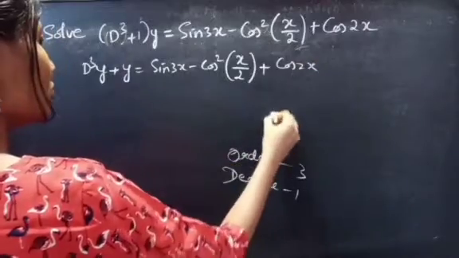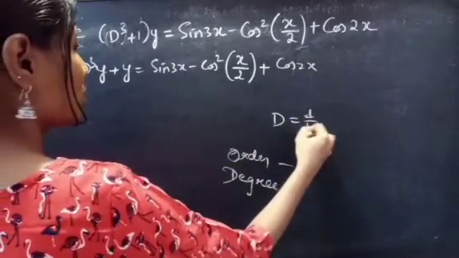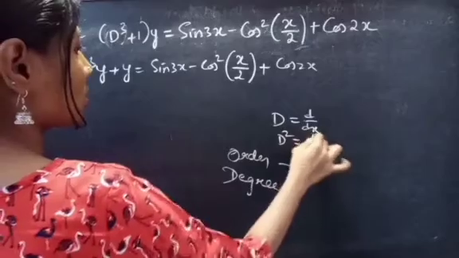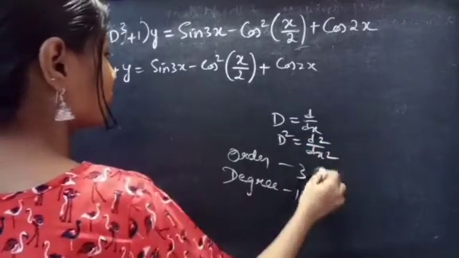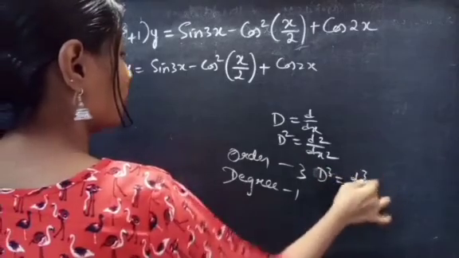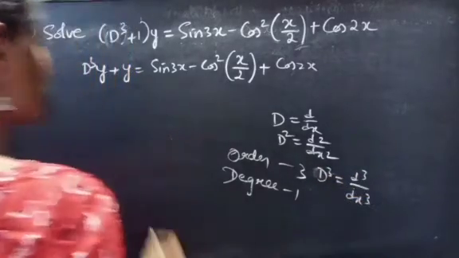We know that D is a differential operator, then D square will be d square by dx square, and D cube is d cube by dx cube.